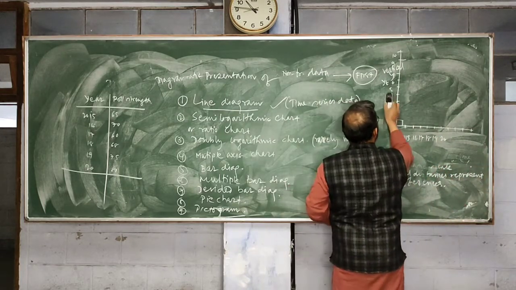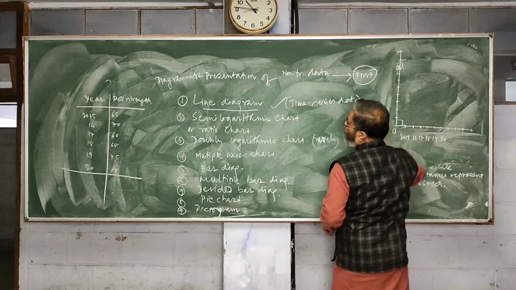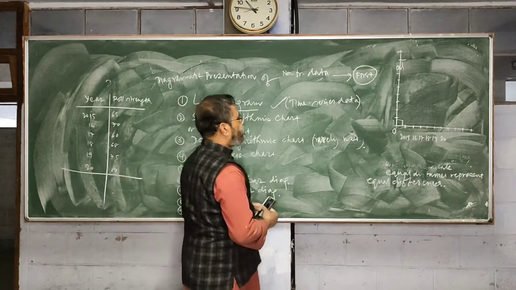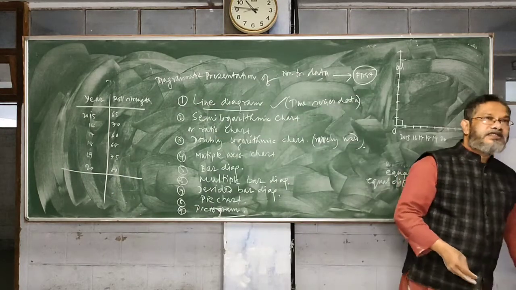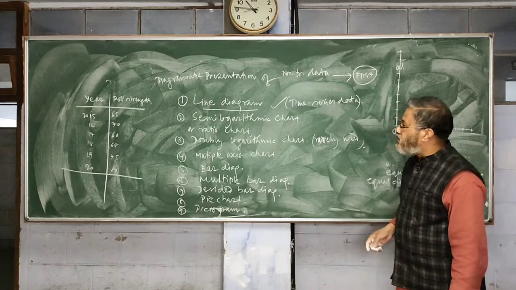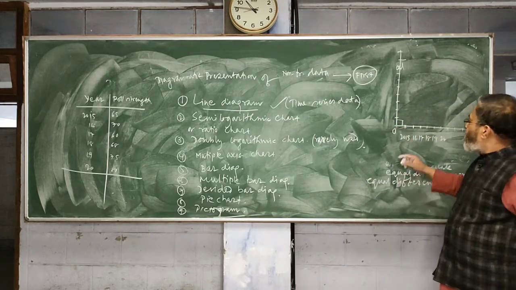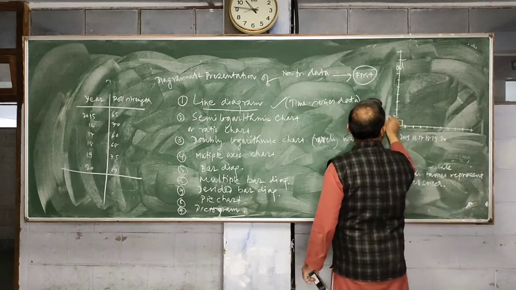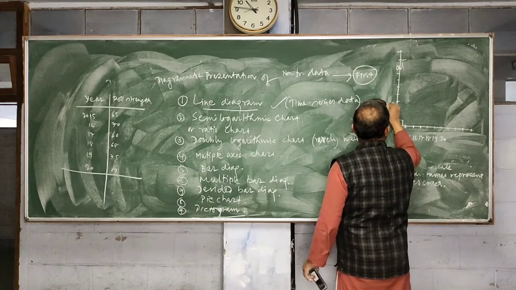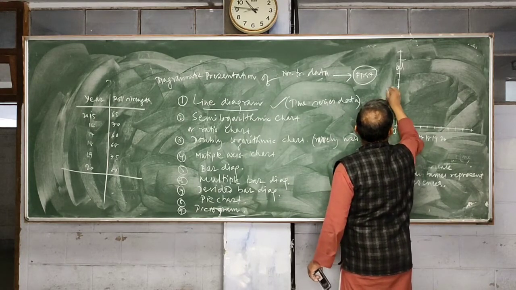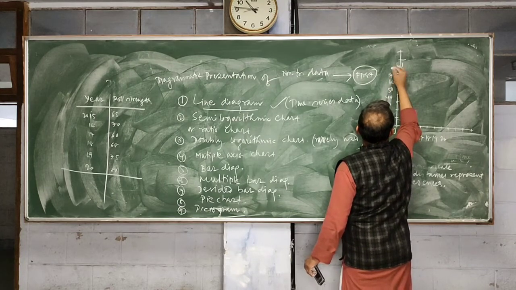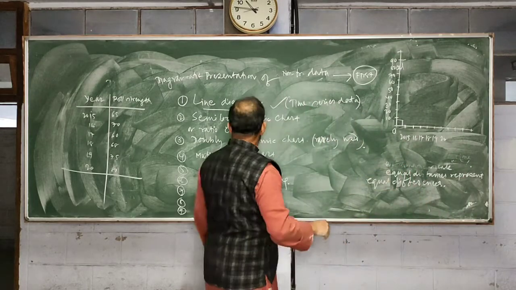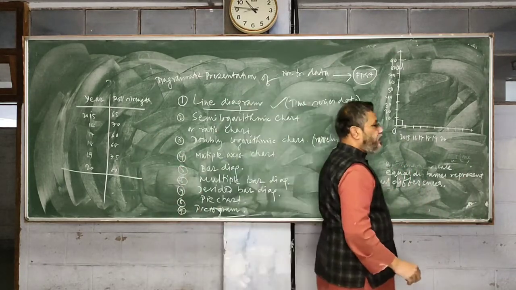And on the vertical axis, for the maximum figure 80, I will take 10, 20, 30, 40, 50, 60, 70, 80, 90. Now see here, 2015 is the time.